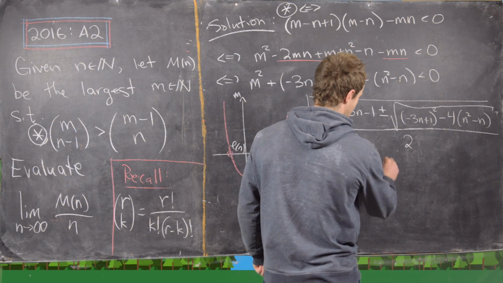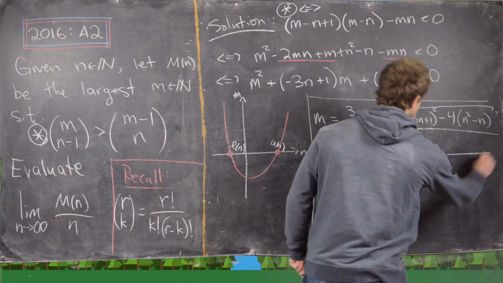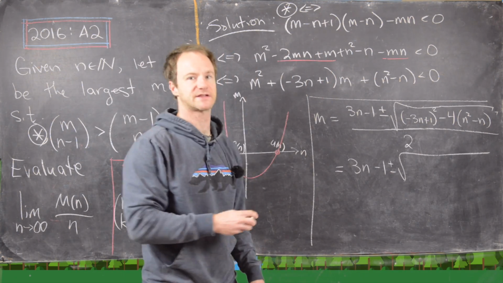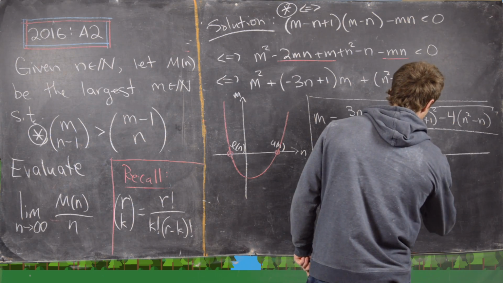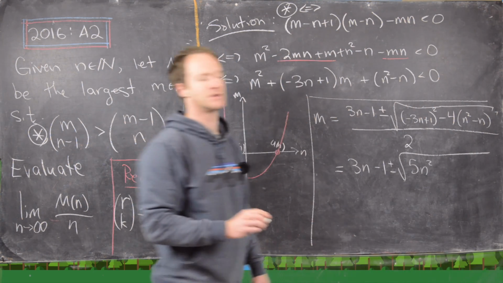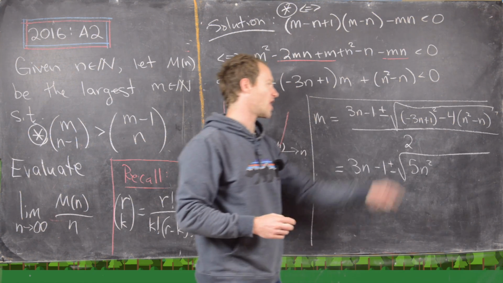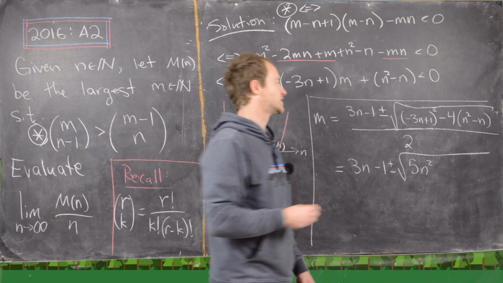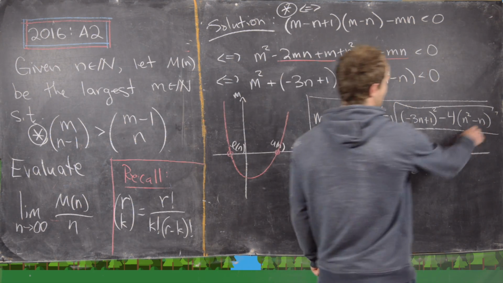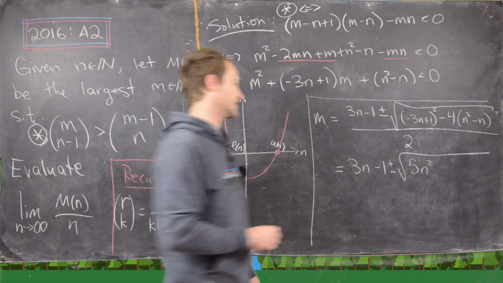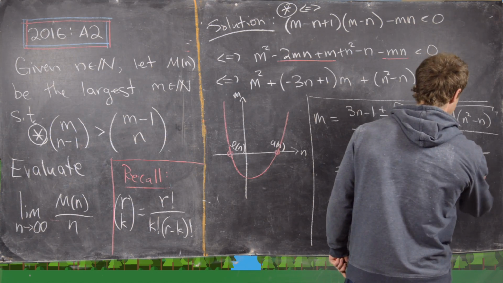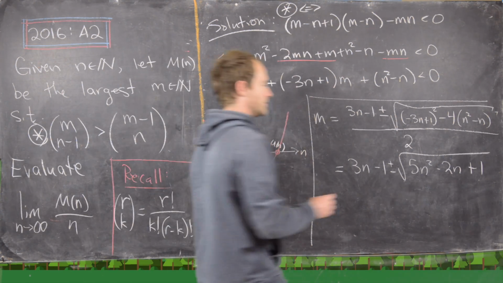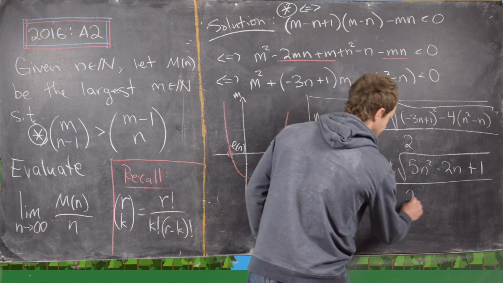So we have 3n minus 1 plus or minus the square root of, so let's see, we're going to have 9n squared minus 4n squared. So that's going to give us 5n squared. Good. And now notice my cross term here is going to be 6n, and it's going to be negative, and then my term here is going to be plus 4n, so that's going to give me minus 2n, and then plus 1, because that's going to be my only constant. Great, and then now this is all over 2.